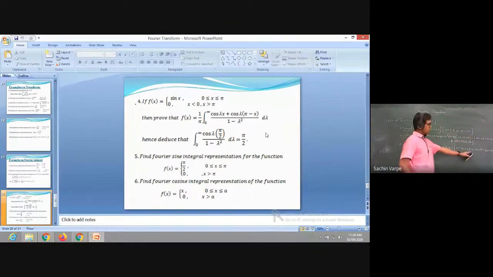Here also we can use the formula sin A cos B minus cos A sin B. What is the formula of sin A cos B minus cos A sin B? Do we have any formula for this? I think it is sin of A minus B, na?